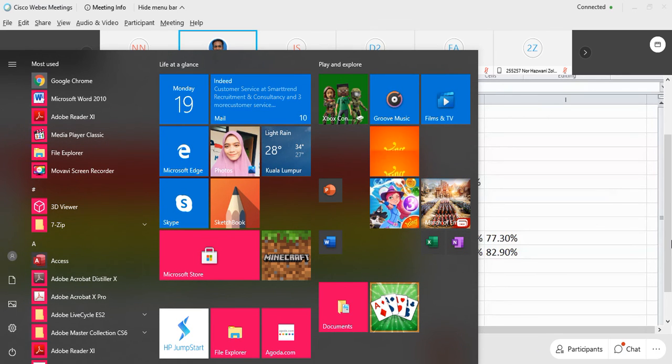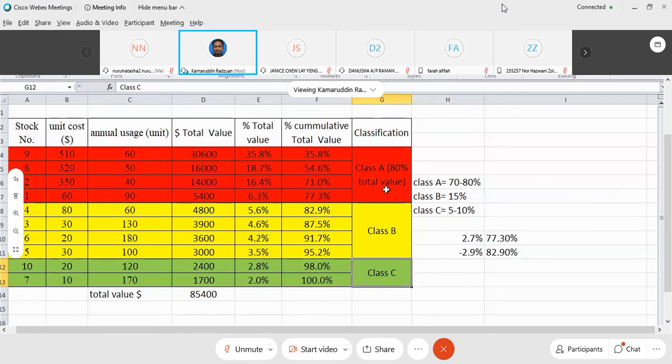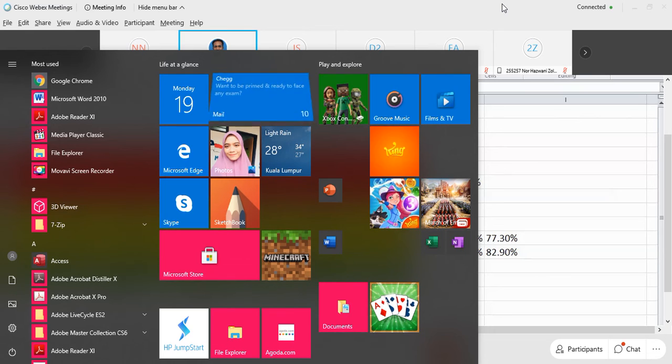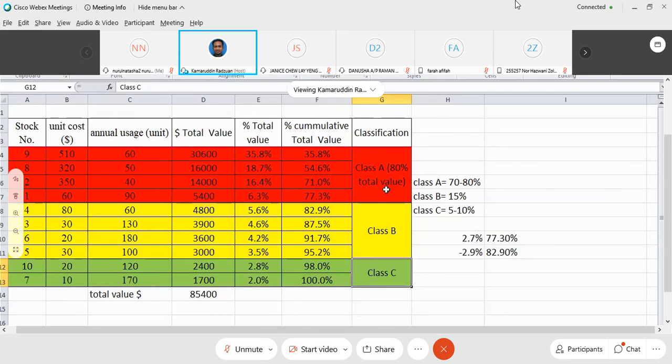It might be based on the quality, it might be based on the cost of having the inventory. So it depends on the organization how they do the classification of inventory.